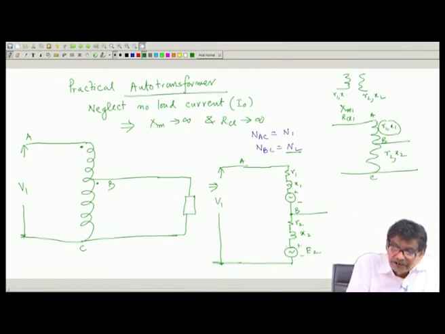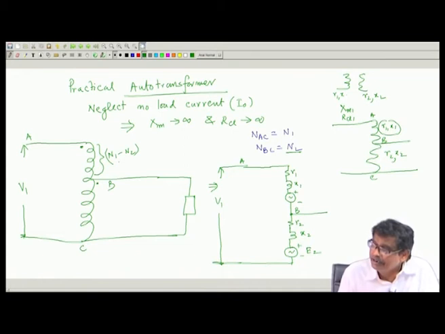And voltage per turn is fixed. How much is it? It is approximately V 1 by N 1, the total number of turns. The number of turns here is N 1 minus N 2. So, what will be the induced voltage here?